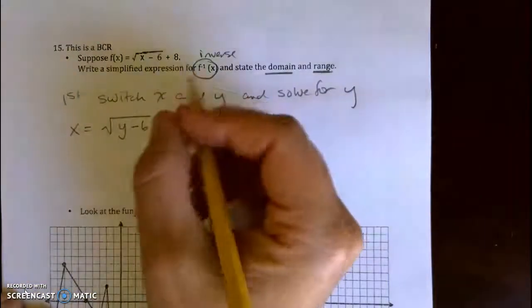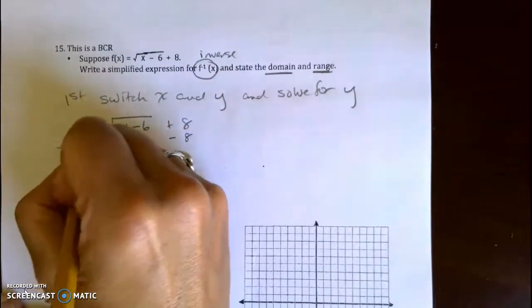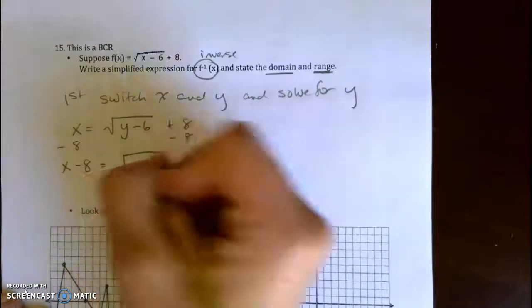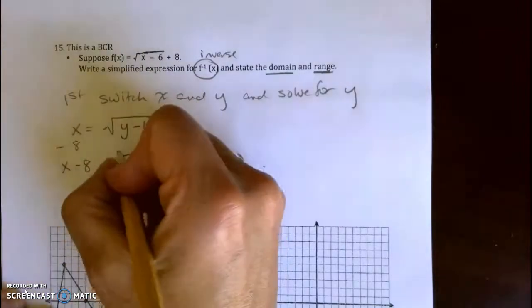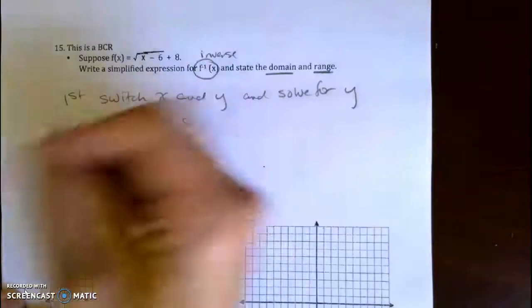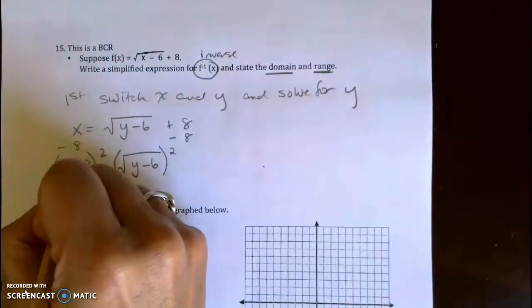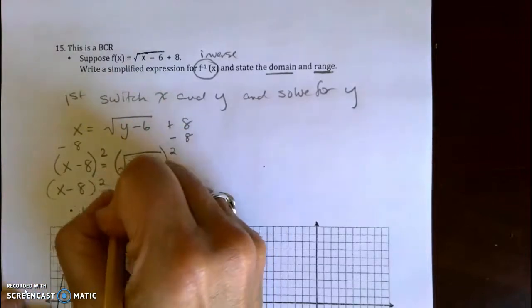All right, I'm trying to get everything away from y, so I'm going to subtract 8 from both sides, and I get x minus 8 equals the square root of y minus 6. I can't solve for y when it's stuck under that radical, so I've got to get rid of the radical by squaring, so I've got to square both sides. And I had told you guys you can leave that in parentheses.